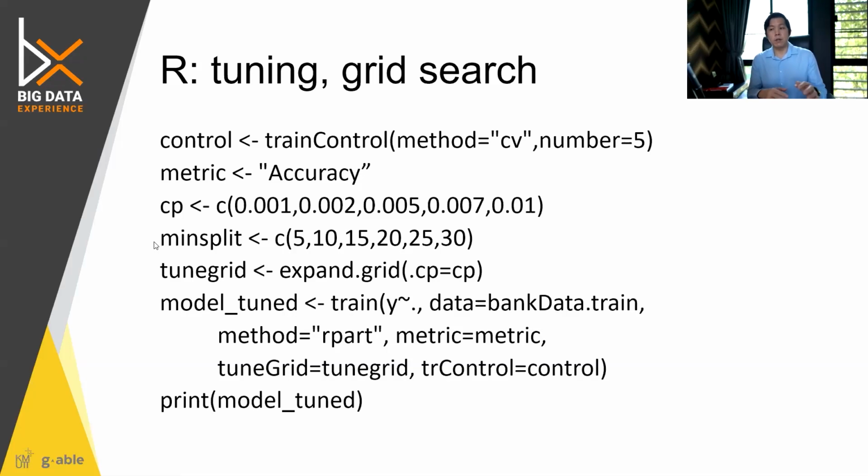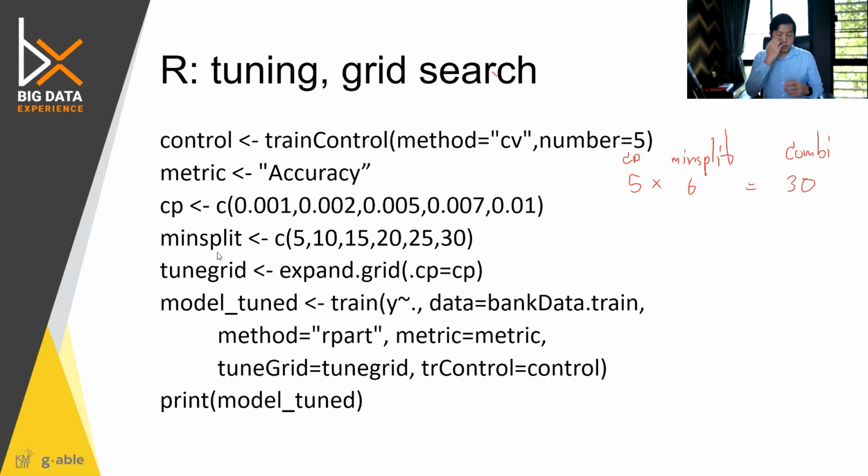And then I want to create a combination. Combination, what does it mean? I want to cross between both. For CP, you have 5 levels, and I want to cross it with the min split, which has 6 levels. So this is equal to 30 combinations of parameters.